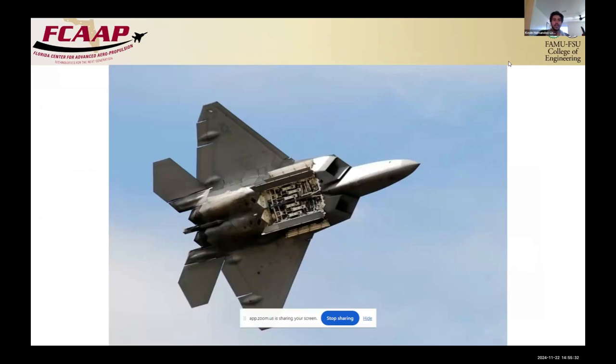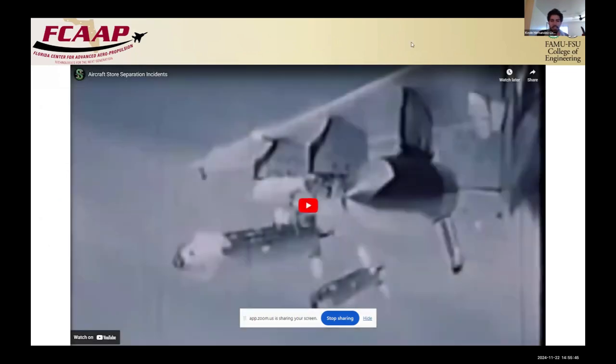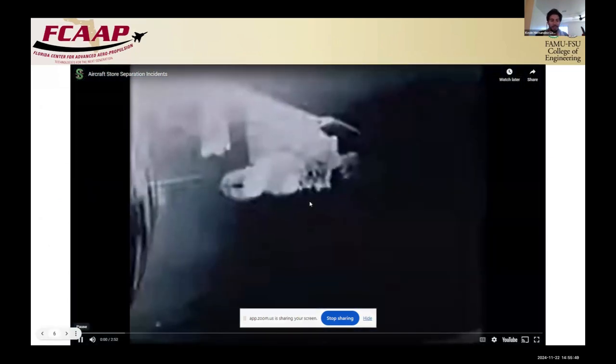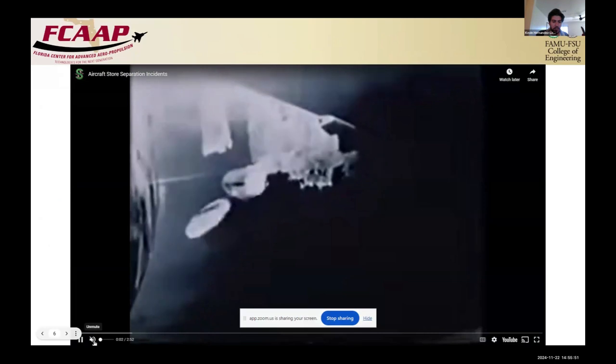So now, as we talk about store separation, we're going to be talking about cavities in the context of this aircraft bay. Before we jump into that, hopefully this works. I think Duval might have also showed something similar, but these are really cool videos.